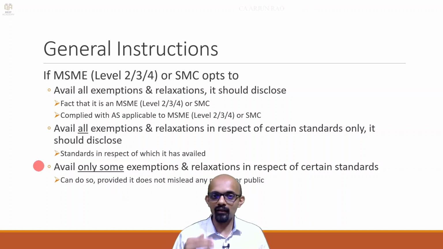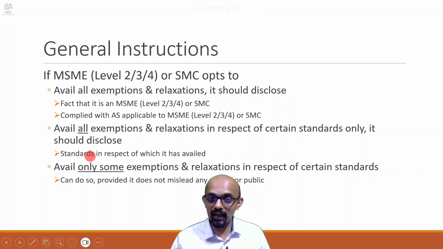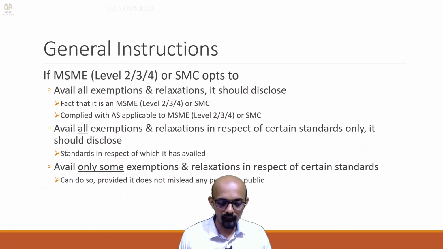So, standard wise if you take advantage of exemptions, that is allowed, you make this disclosure. Within the standard if you choose, there is additional responsibility: make sure it does not mislead any person or public.